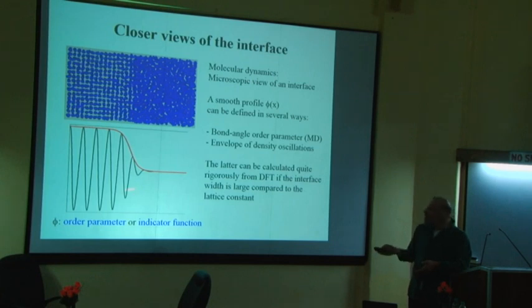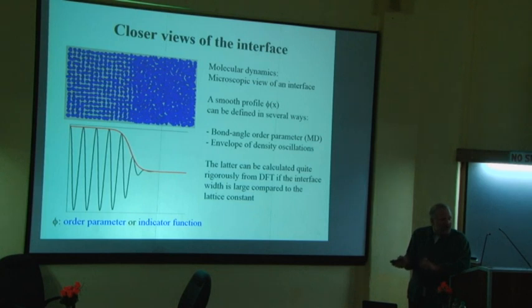For example, people that do molecular dynamics can detect in some sense whether they are in a solid or in a liquid. How they do that is they use what is called the bond angle order parameter. They sit on one atom, look at the nearest neighbors, and look at the angles between nearest neighbors.